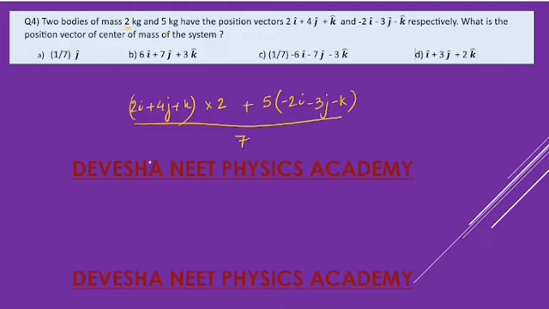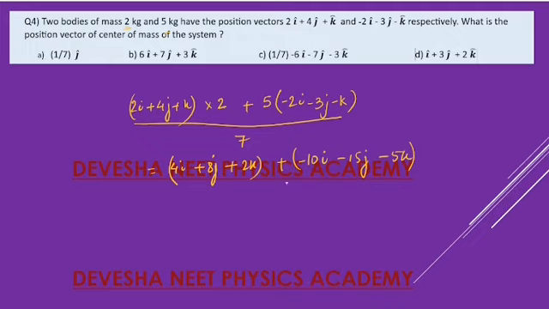So 2 into 2 is 4i, 4j into 2 is 8j, and k into 2 is 2k. Plus 5 into minus 2i is minus 10i. 5 into minus 3j becomes minus 15j. 5 into minus k becomes minus 5k.